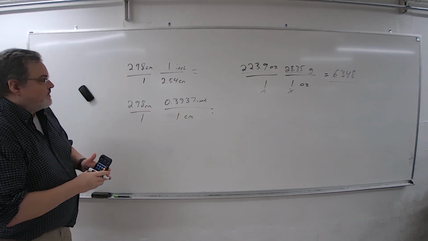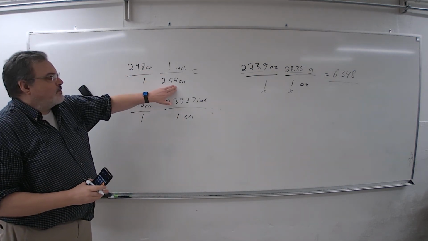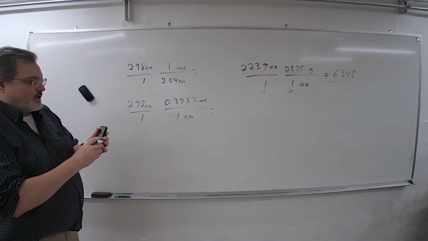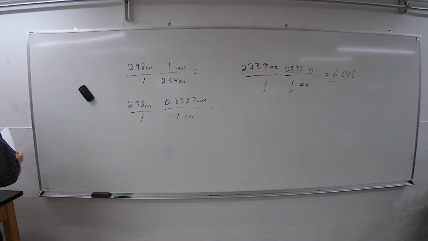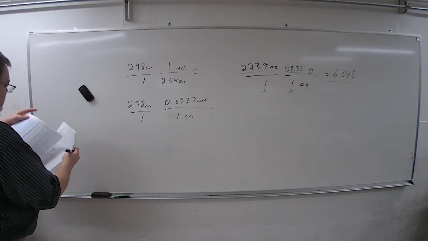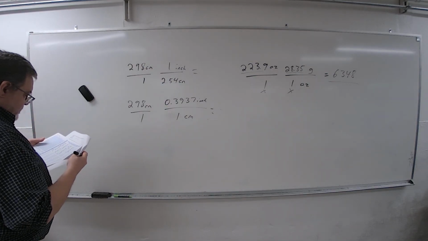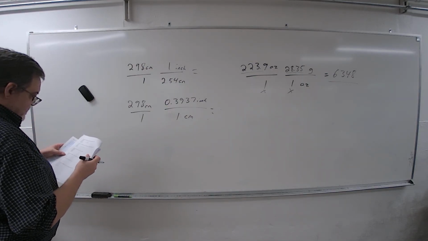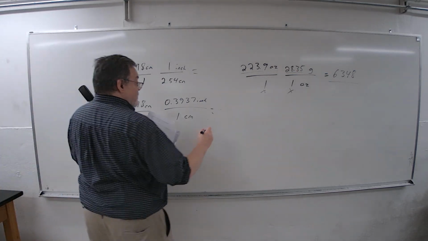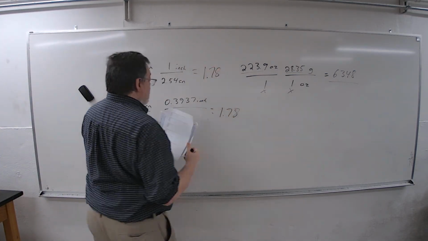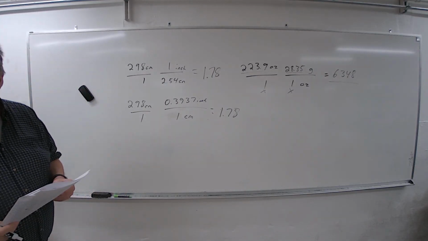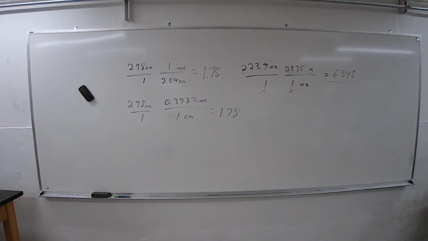Either one of these should give you the same answer. This number is just 1 divided by 2.54. Either way, you should get the same answer, which was number 9, B. You should get 1.78 either way.